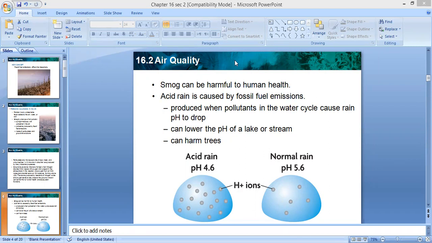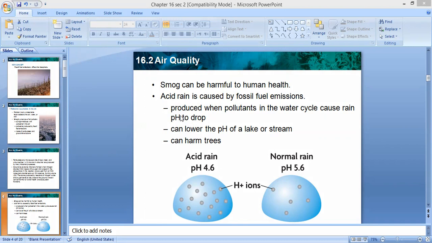So there's less pH. Now, pH stands for the proportion of hydrogen. The more hydrogen, the more acidic.